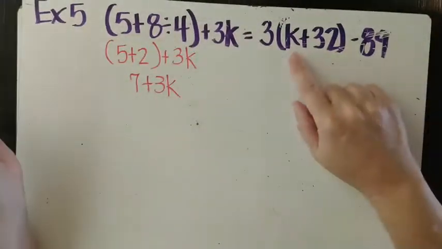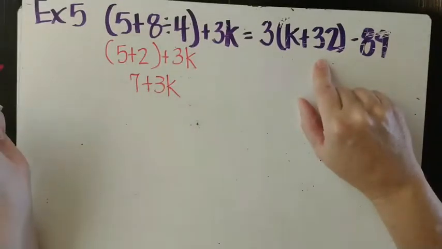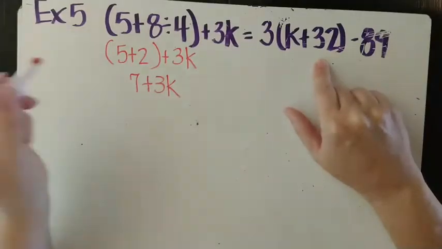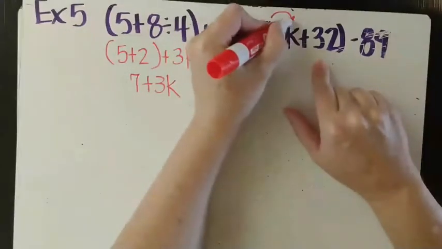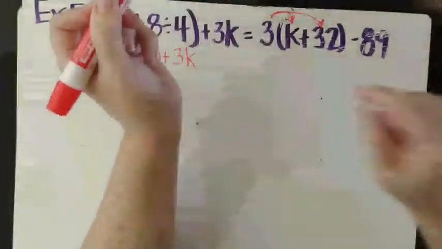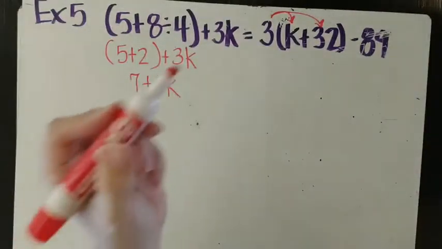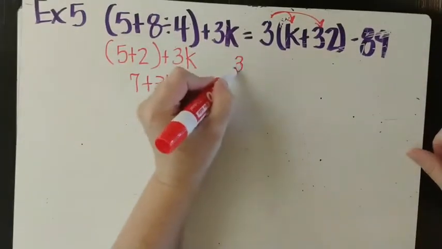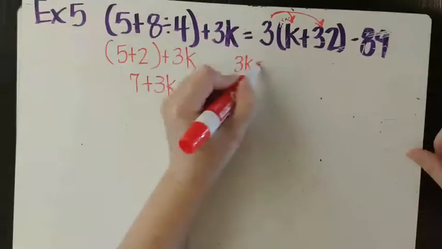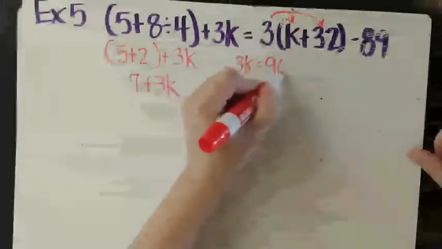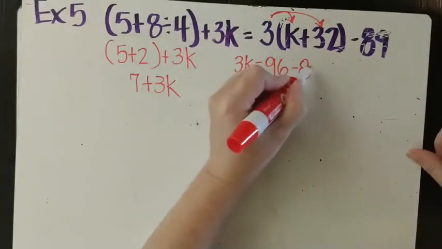First thing we need to do is parentheses. These two cannot be combined. There are no exponents. So then we move on to multiplication and division. Remember, distribution is multiplication. So when we distribute 3, we have 3k plus 96 minus 89.